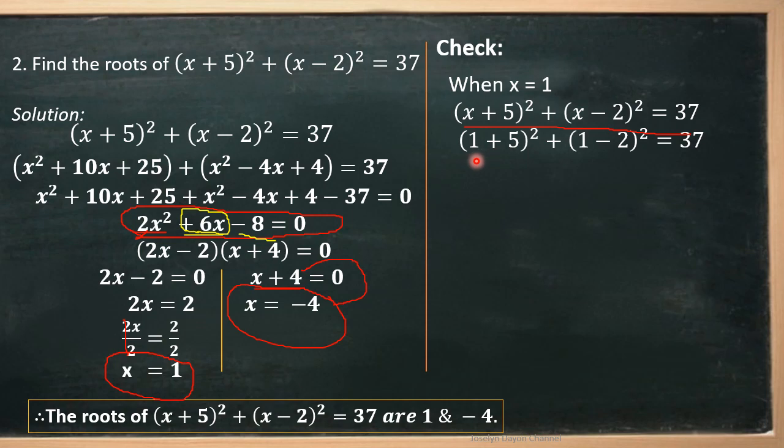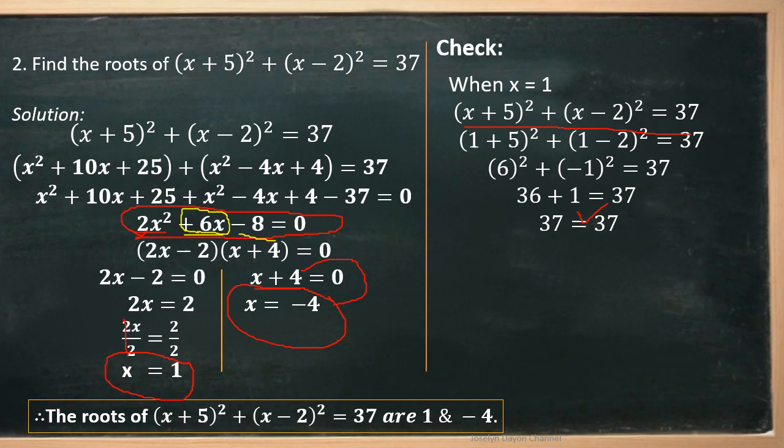So 1 plus 5, that is equal to 6. Do not forget to copy the exponent 2 outside the parentheses. And 1 minus 2, that is negative 1, raised to the power of 2 equals 37. 6 squared, that is equal to 36. And (−1)² is 1, equals 37. Combine 36 plus 1. Of course, the answer is 37. If you have observed, we have a true equation when x is equal to 1.